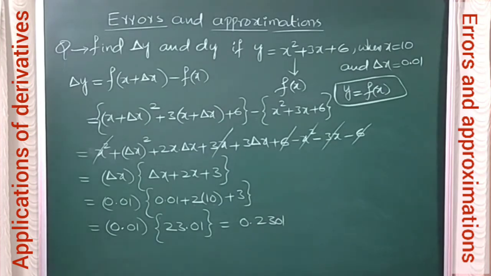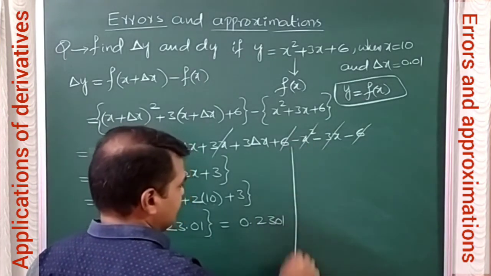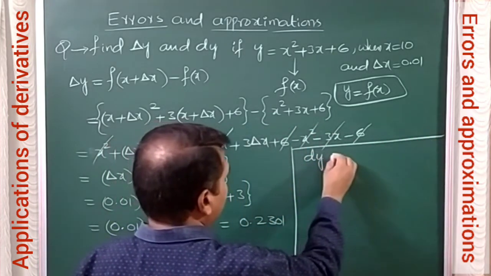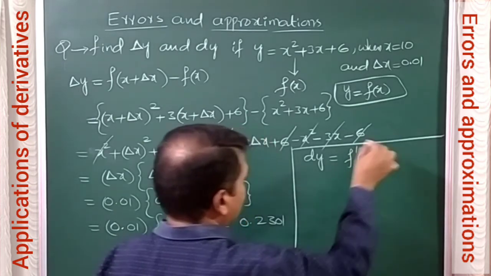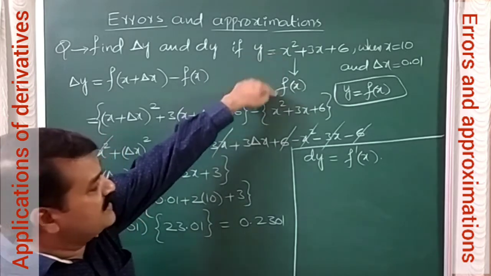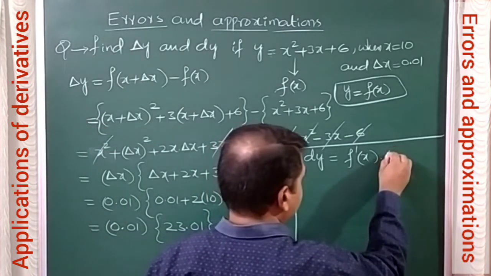Now we have to find dy. So dy I will try to complete here. So we know that dy is actually f dash of x into delta x. What is f of x here?